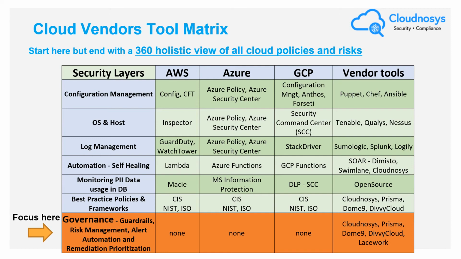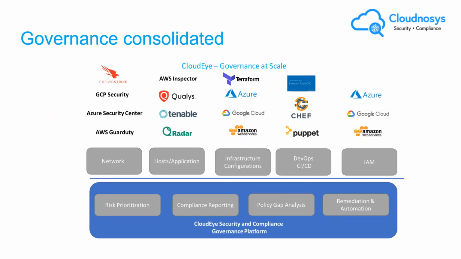They have some governance, which is through CIS at the starting point, but just because you turn on something and you have low scores and you're not doing anything about it, that's just telling you that you're not doing your job, as far as we can see. So moving forward, if you were to consolidate all those tools, it should look like this.